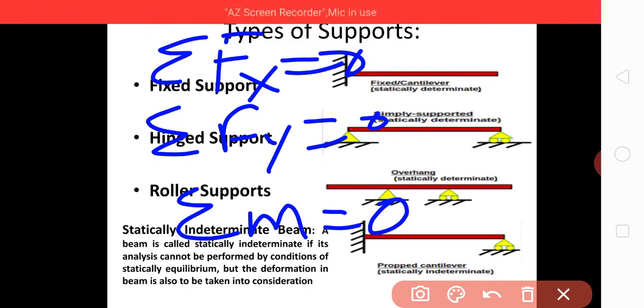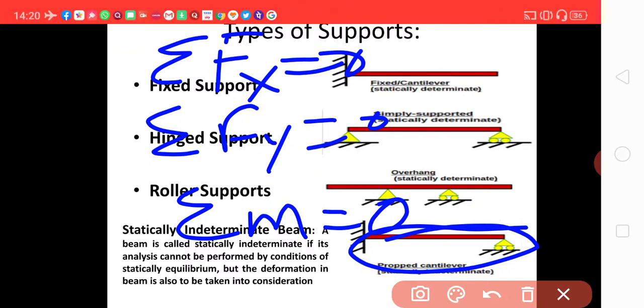These three conditions are not sufficient to have a complete solution of this beam. Here we have to use the deflection of the beam also, which is beyond the scope of your syllabus. That will be discussed when you study strength of materials in the next semester.